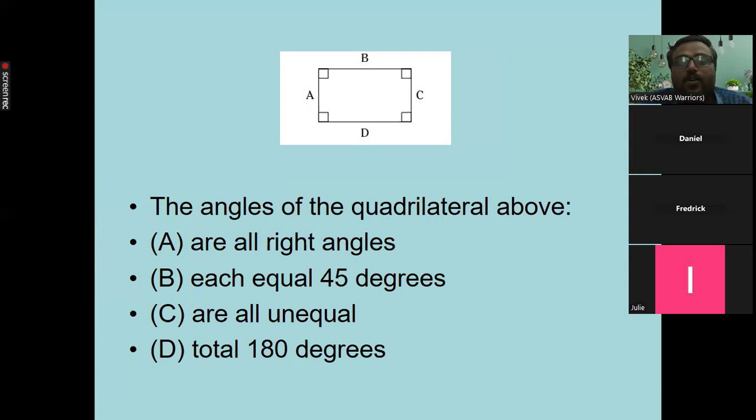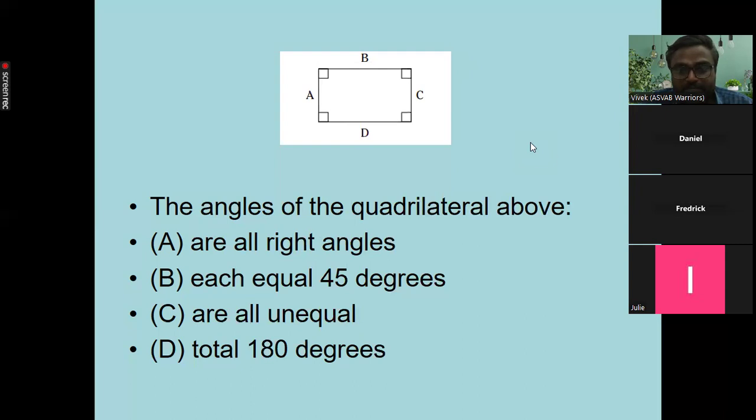The angles of all the quadrilaterals above are equal to what? I already have an answer. That was too quick. Awesome, Jacob. You got it right, buddy. Frederick, awesome.